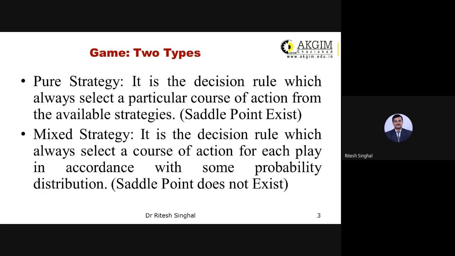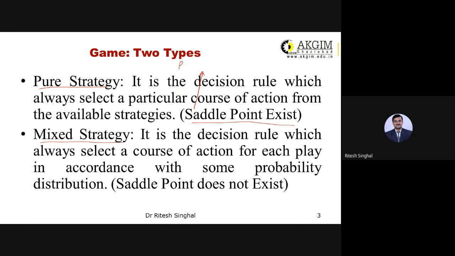So we have two types of game basically. Number one, the game related to pure strategy and the game related to mixed strategy. The first and foremost identification of a pure strategy game is that a saddle point exists. We have done these questions in previous videos where a saddle point exists. What is a saddle point?